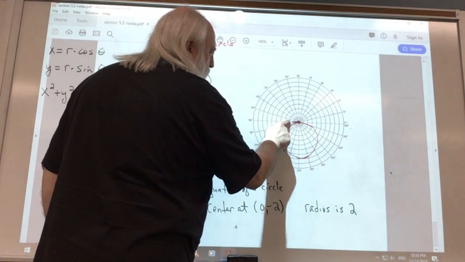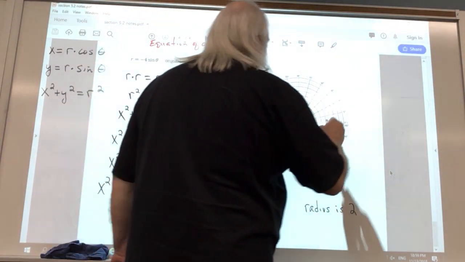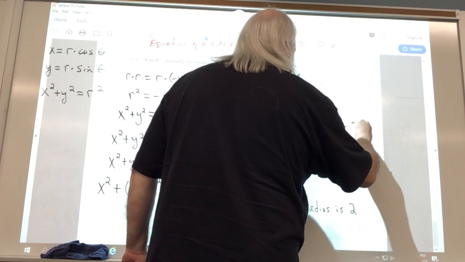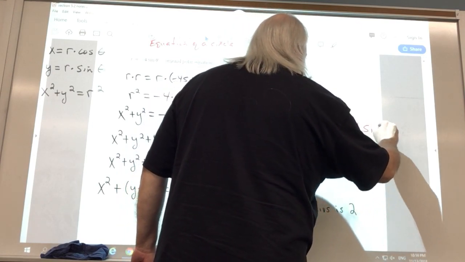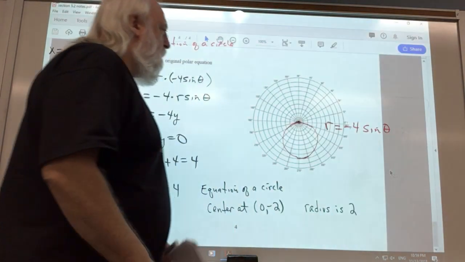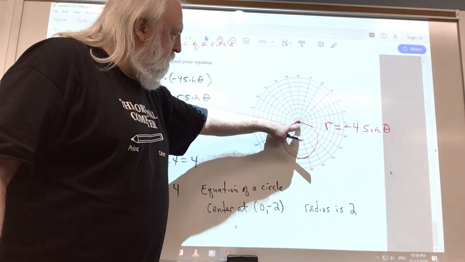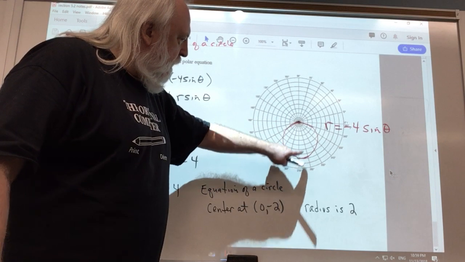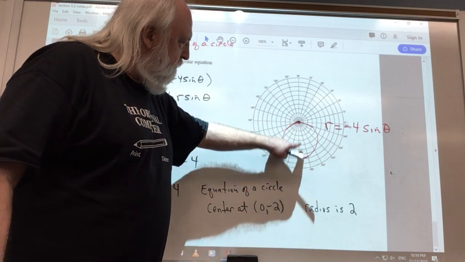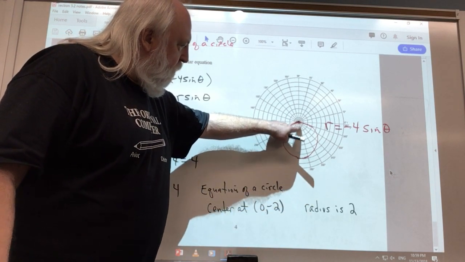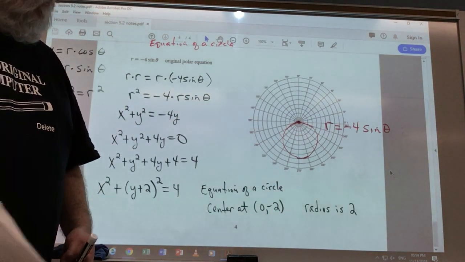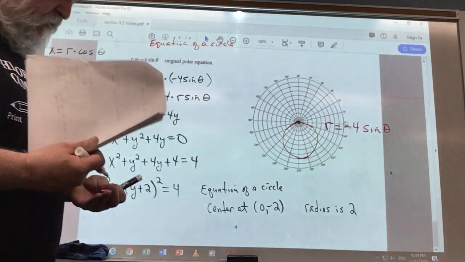And so this is the graph of r equals minus 4 sine theta. Okay? It's the equation of a circle, and the center of the circle is on this ray 270 degrees, 2 units down from the pole. Okay? And the radius of the circle is 2 units.